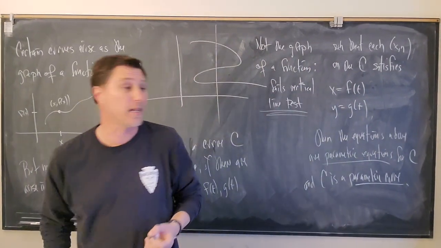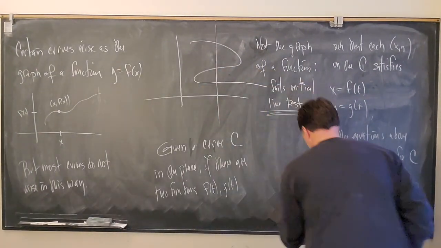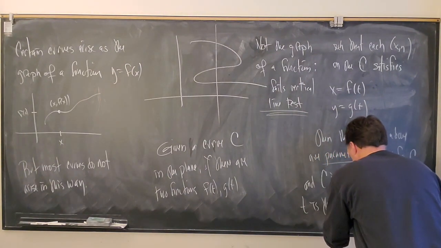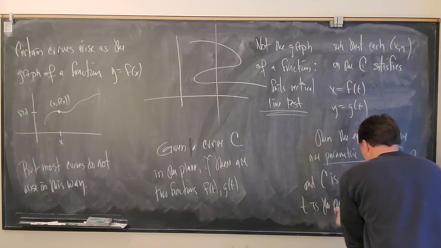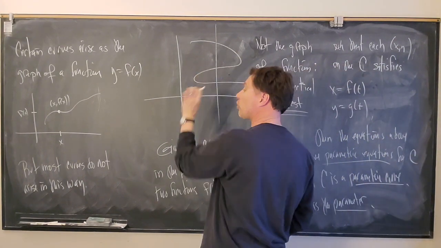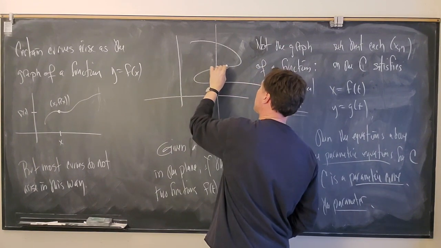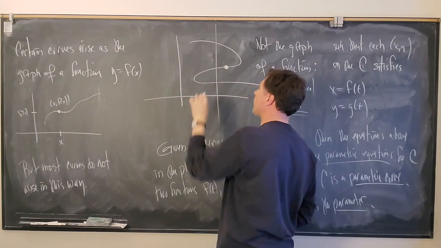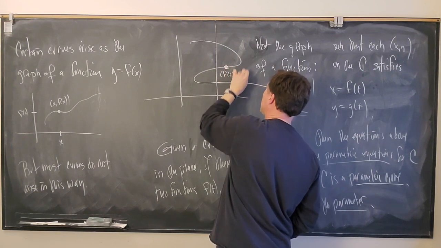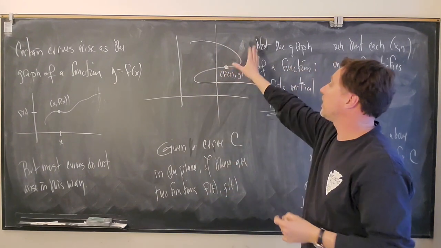The variable t is sometimes called the parameter. So let's come back to this picture now. This is not the graph of a function, but if each point on the curve can now be described as f of t comma g of t, then what we have is a parametric curve.